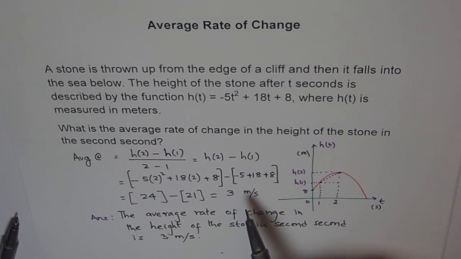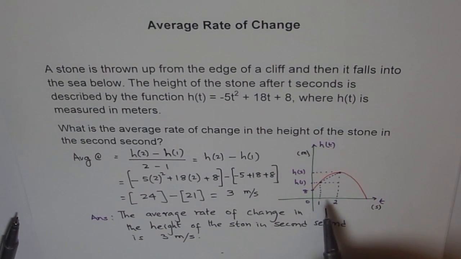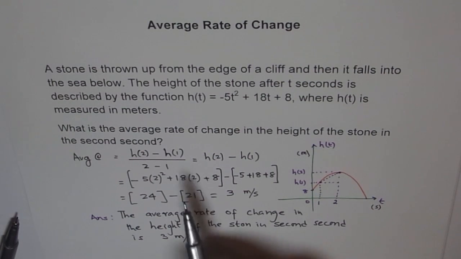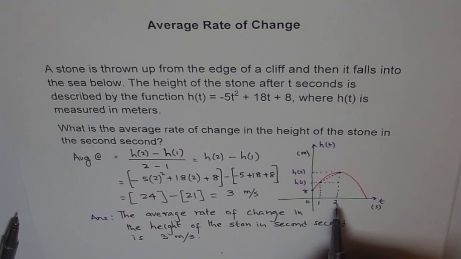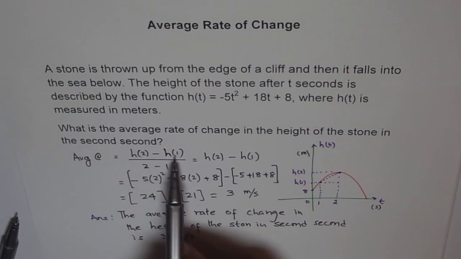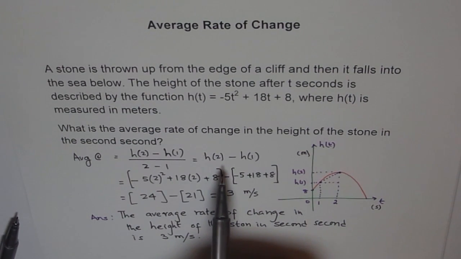The process is first to find the 2 points on the x-axis. In this case, the independent variable for us was time. Second means from 1 to 2, time 1 second to 2 seconds. So we found height at 2 seconds and at 1 second. And the difference quotient of these two gave us the average rate of change.